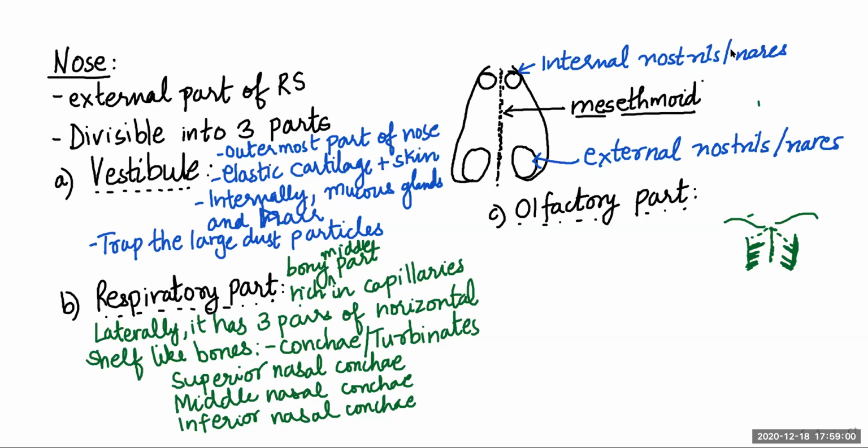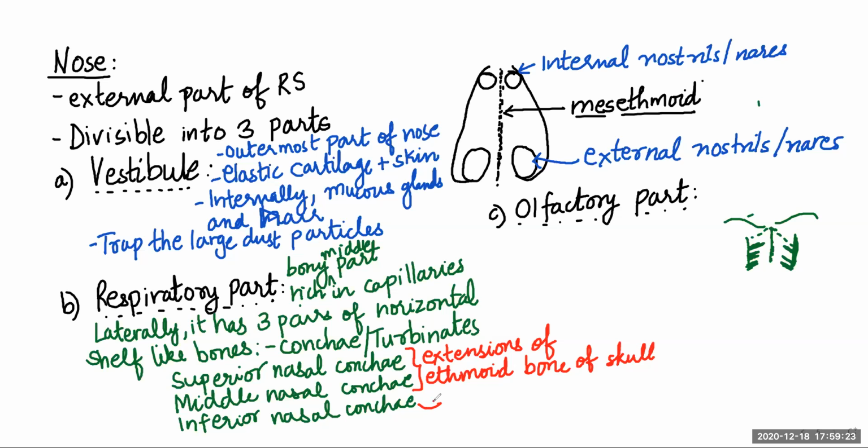Now important to note here is that the superior and middle nasal conchae are extensions of the ethmoid bone of the skull.